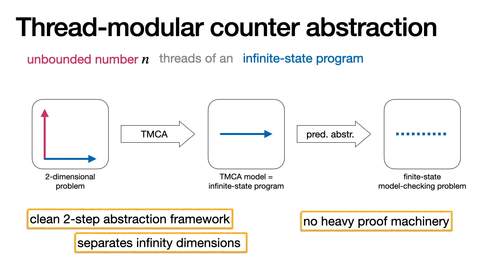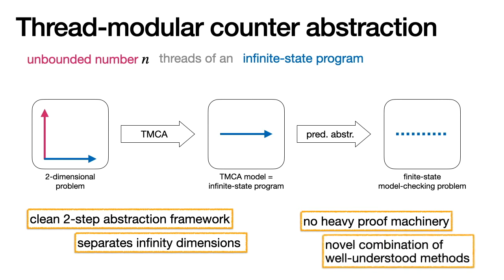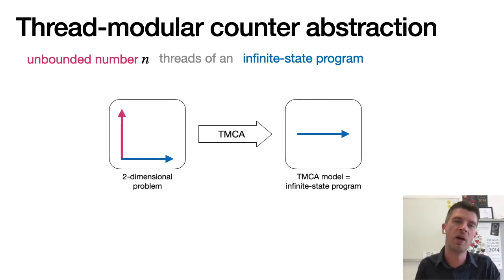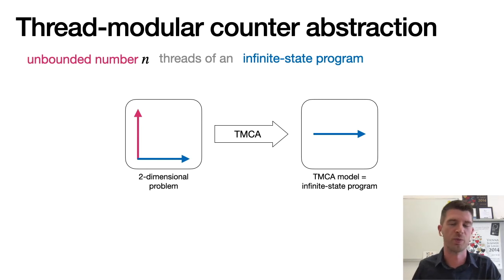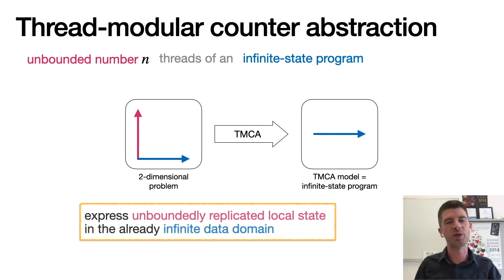Instead, we build all of this from a combination of well understood existing methods. So let's look at the first step in our abstraction framework. And the main idea here is really to express the unboundedly replicated local state, the parameterization, in something that's already infinite, our infinite data domain.